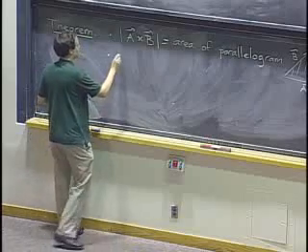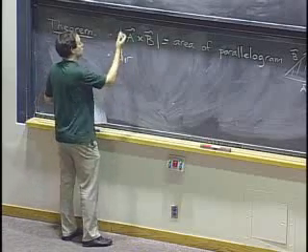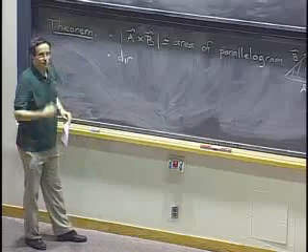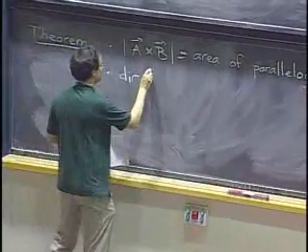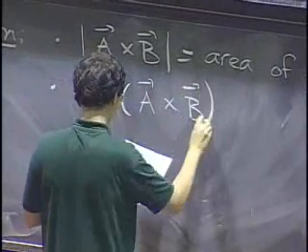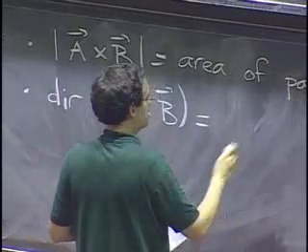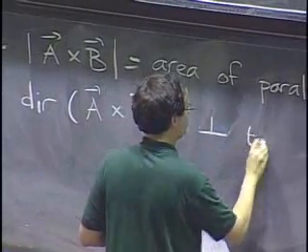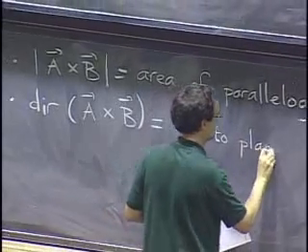And what's even more magical is that not only is the length remarkable, but the direction is also remarkable. So the direction of A cross B is perpendicular to the plane of the parallelogram.